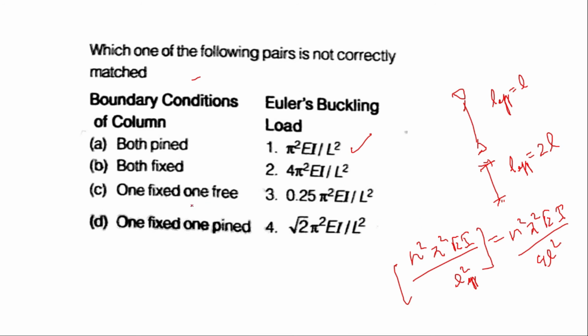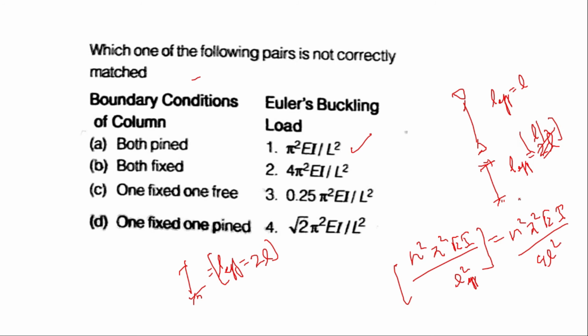And then one end fixed and other end free, it will be 0.25. When one end is fixed and other end is free, then the value of L effective becomes 2L. And yes, when both ends are fixed, this value does not become 2L, it becomes L by 2.